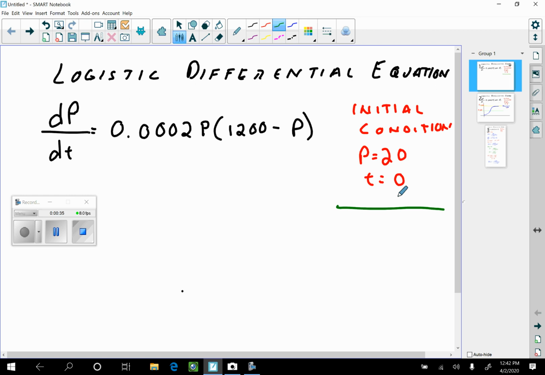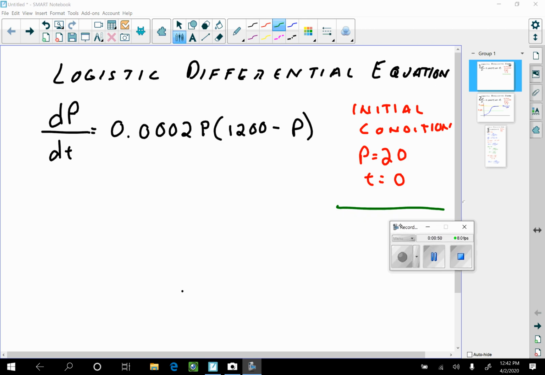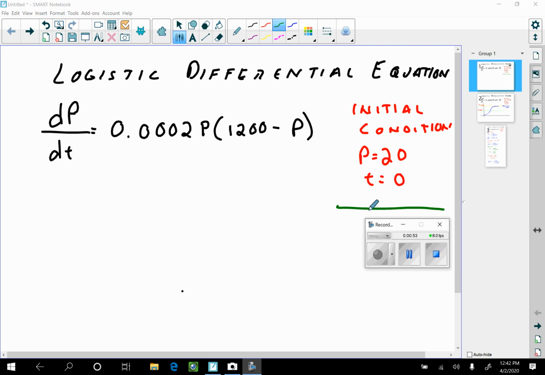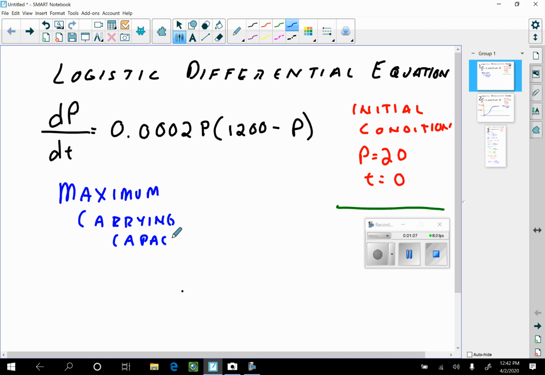The first thing we need to be able to do is look at the graph of this population model, and that's going to be pretty easy. All I'm going to do is realize that the maximum carrying capacity here, and we all should recognize what that is, is going to be 1200.